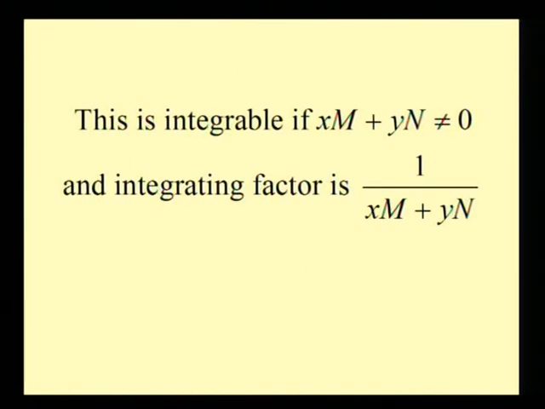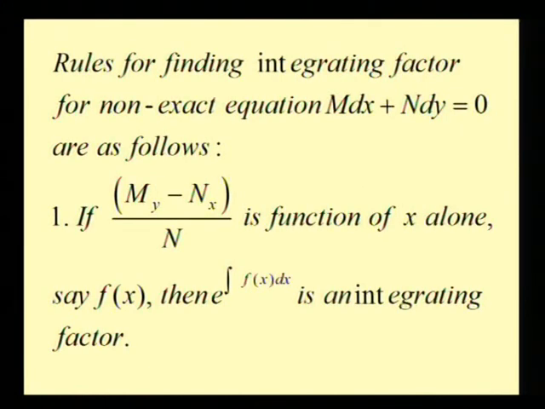If xM plus yN is not equal to 0, then 1 upon (xM plus yN) will become an integrating factor. This is only possible if M and N are both homogeneous of the same degree.